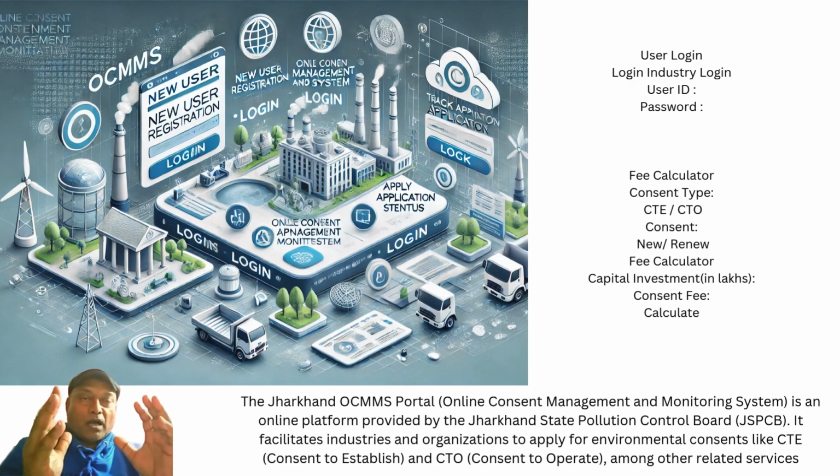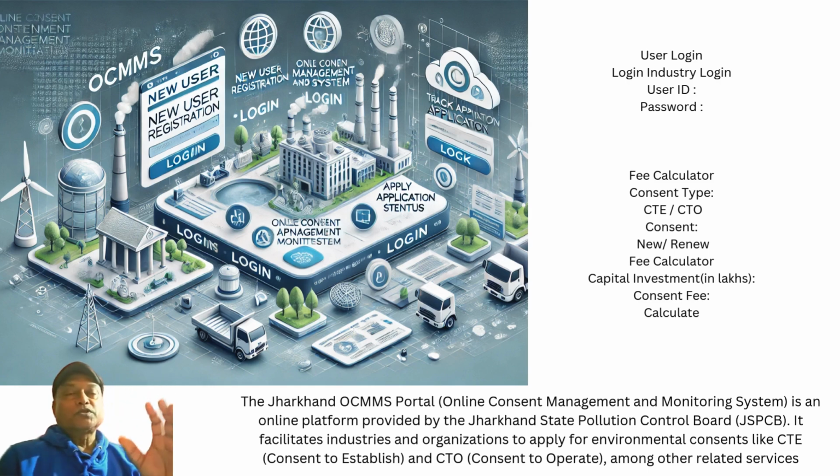So to see all these things and to see the safeguard of the environment, the government has established the state pollution control boards and central pollution control boards, and these industries are regulated by the state pollution control boards.